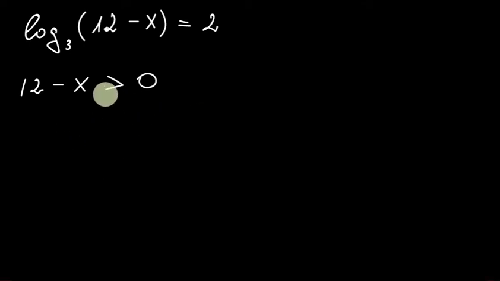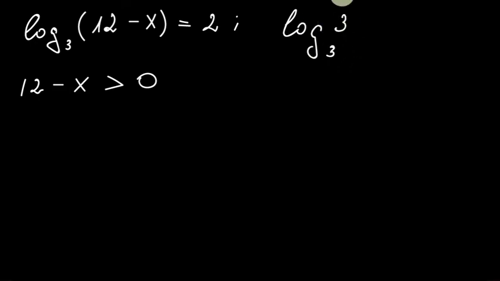Also, we need to make sure that on both sides we have a logarithm base 3. How can we do that? Okay, so we know that logarithm base 3 of 3 is equal to 1.